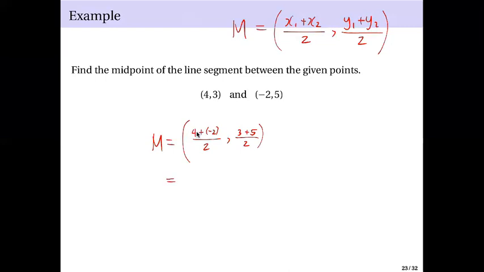So in here you have 4 minus 2, okay? 4 minus 2, so it's 2 over 2, comma, in here you have 3 plus 5, that's 8 over 2, and therefore this is just 1, comma 4. So this is the midpoint.